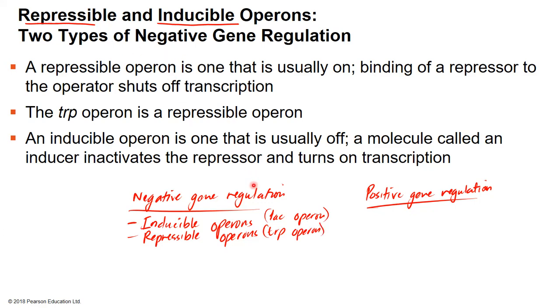It's called negative gene regulation, and this is very important, because operons are switched off, or turned off, by the active form of the repressor.